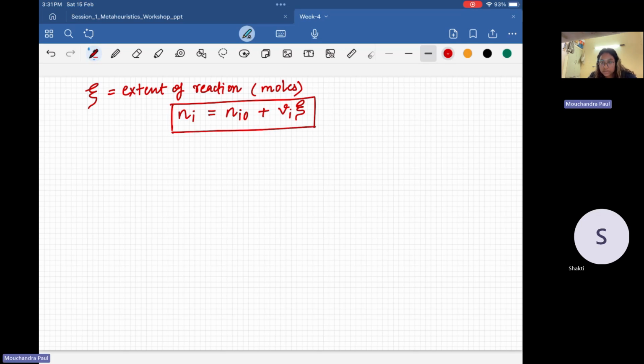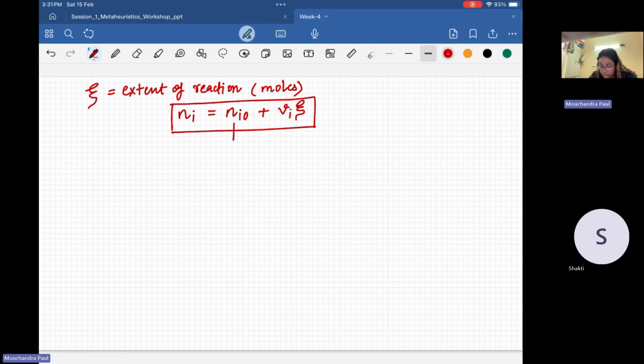Here Ni is the number of moles of any species i, Ni naught is the amount coming in, nu i is the stoichiometric coefficient, and xi is the extent of reaction.